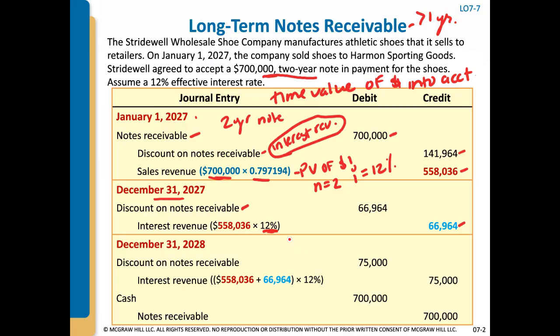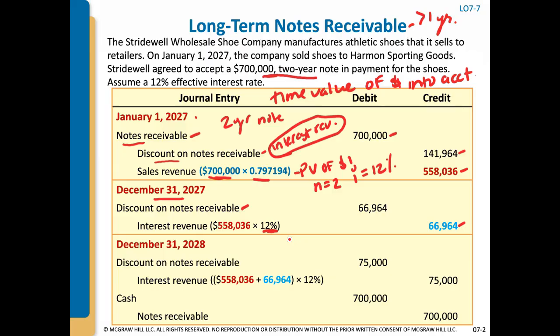I should also tell you that on our balance sheet, the discount on notes receivable is a contra asset account. So when you present the balance of the notes receivable on the face of the financial statement or in the notes, you're going to have the principal amount, the $700,000, minus the discount. Just a little side note.